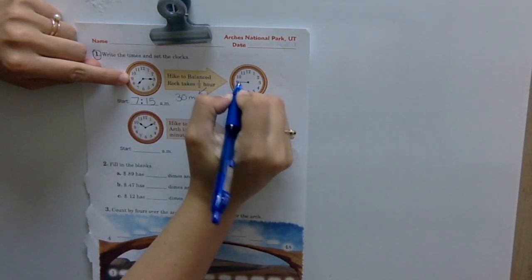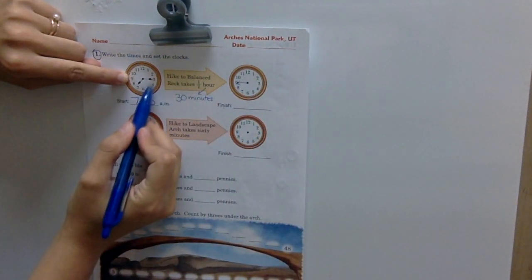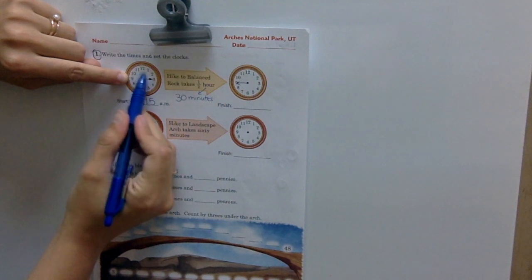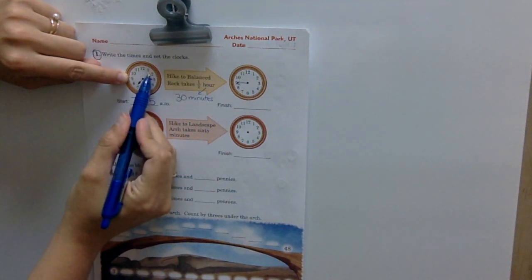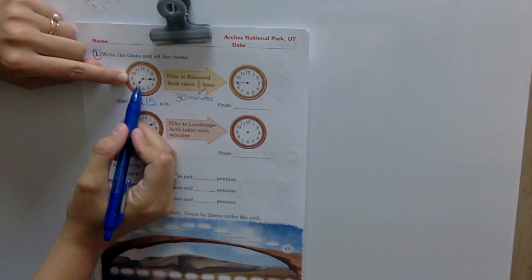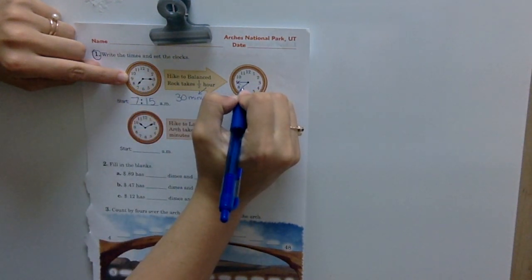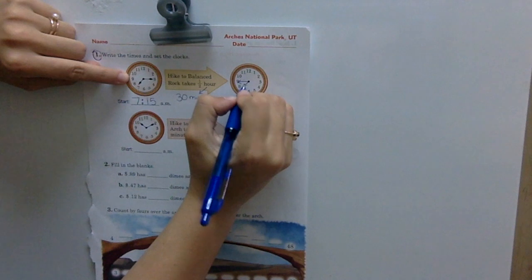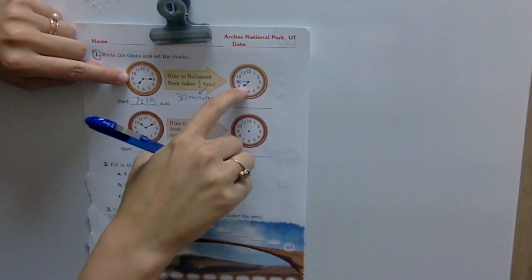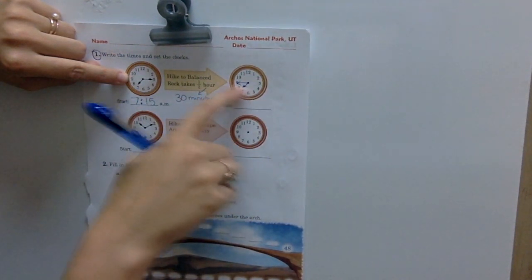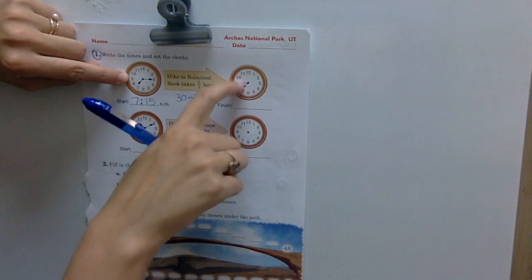So I'm going to draw my long hand and point it at the 9. And then, did this minute hand go all the way around the clock and past the 12? No, it didn't. So the hour hand is going to stay between the 7 and the 8, because the minute hand didn't go past the 12. It's not going to move up to the 8 o'clock hour yet until that minute hand goes past the 12.